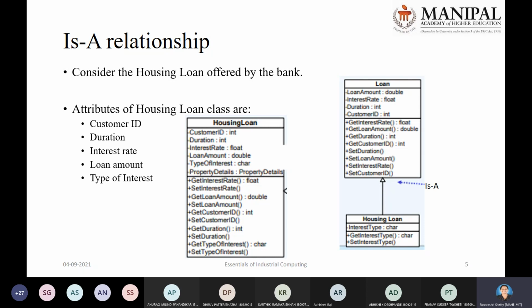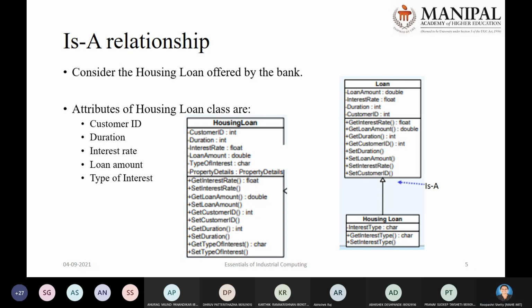And then set and get functions. This property details is not actually an attribute, it is a class. It is linked to another class called property details. That is why it is property details colon property details. You can see it is not a variable. It is a class. One class is depending on another class.